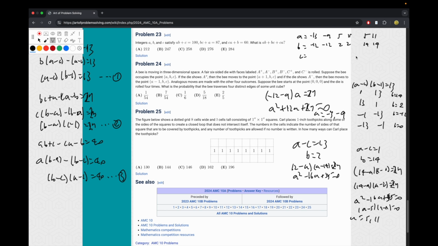Now let's calculate the value of C. Maybe we get some extraneous solutions because we only used 2 of our equations. We didn't use our last one. Wait, did we? No, we did use every equation. But we might get some extraneous solutions.